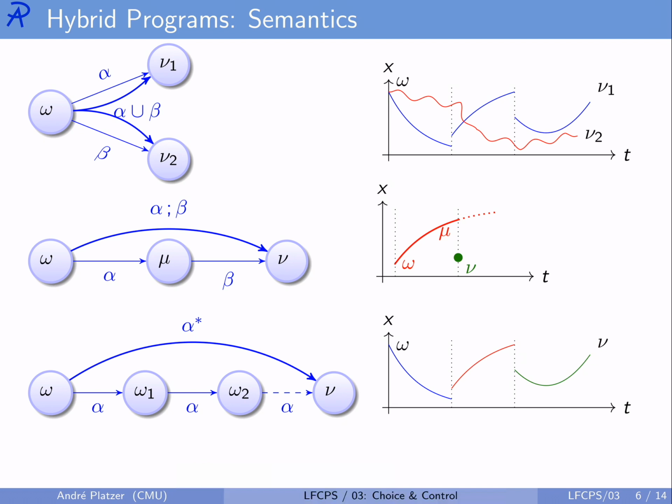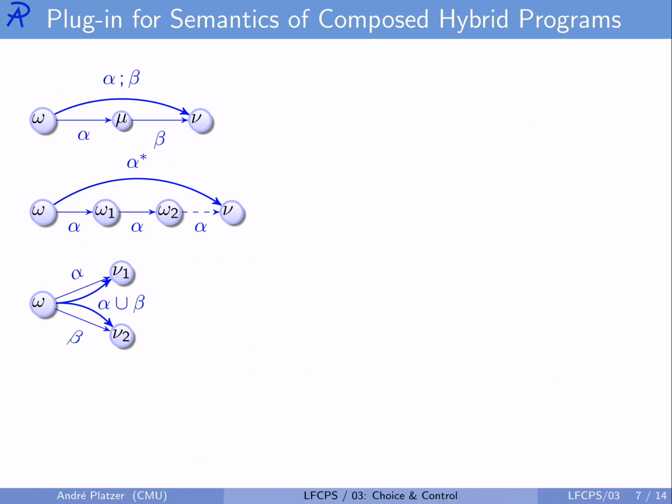With these transition system diagrams that I've shown you, and the examples on the right-hand side, we have, although admittedly in pictures, essentially defined the semantics for hybrid programs. Before we get more precise about what they really are like, let's first understand how we read the sequential composition, repetition, and choice transition diagrams in case we have a more complicated hybrid program that consists of multiple.